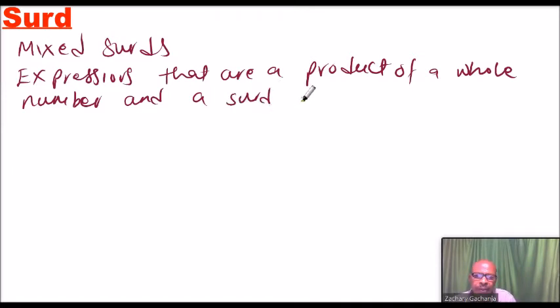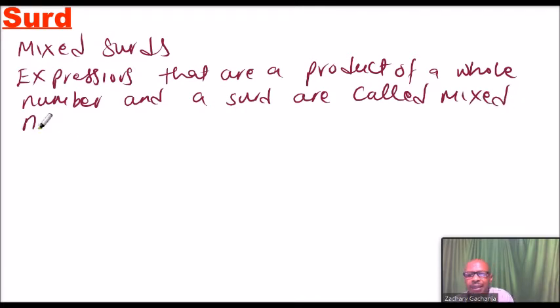In simple words, a mixed surd is a product of a number and a surd.